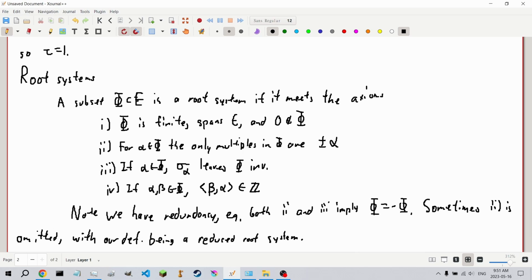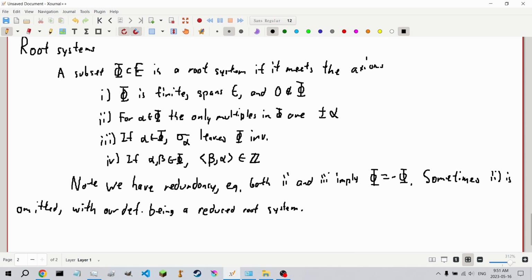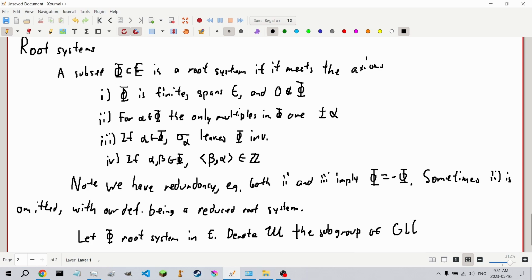Alright, so let phi be a root system in E. Denote by a fancy W the subgroup of the general linear group of E. General linear Lie group, I guess, doesn't really matter in this context.